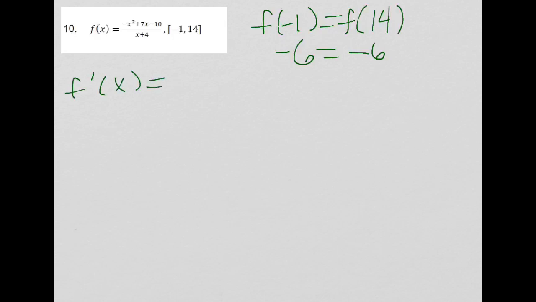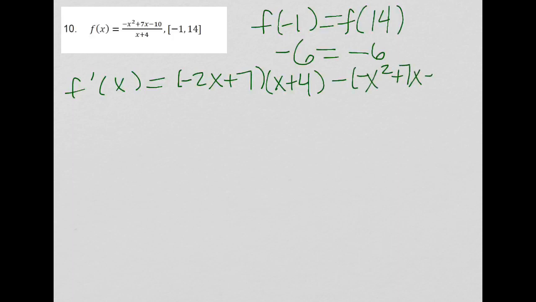So I decided to send you out with a quotient rule, which I know you love. So it's low d high minus high d low, over low squared.